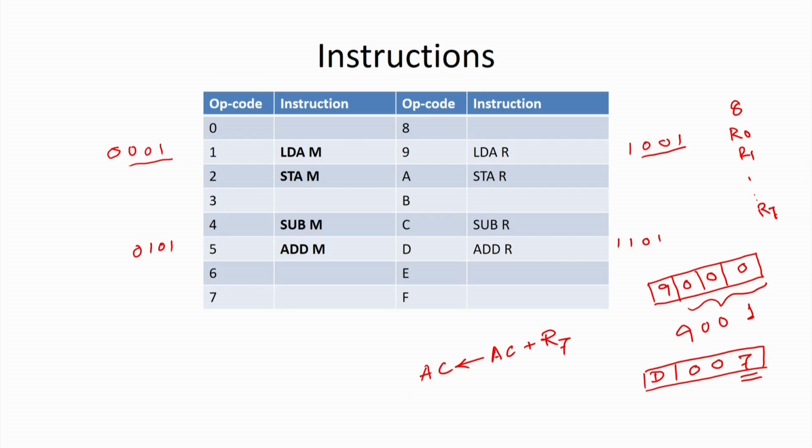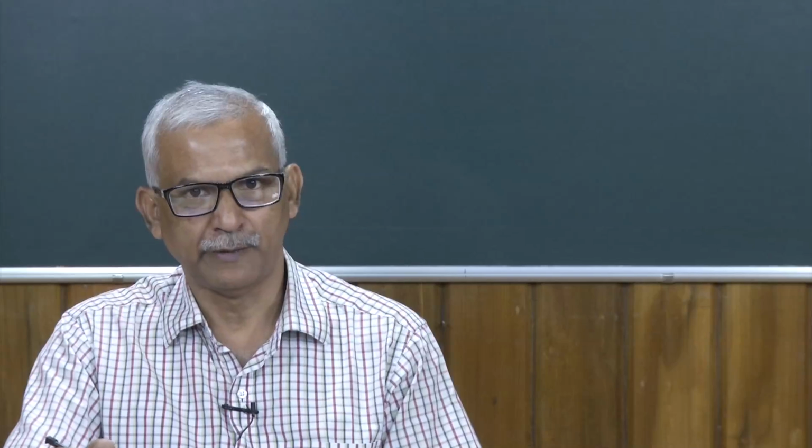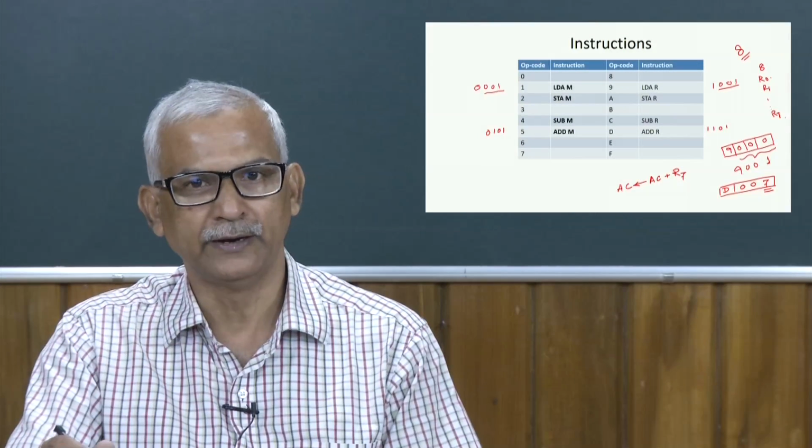We have similar instructions, one referring to a memory location and the second referring to a register. Just see how many different combinations you are going to have. For the register versions we get only 8 combinations, because the register values go from 0 to 7, total 8. So maybe load R0, load R1 like that.